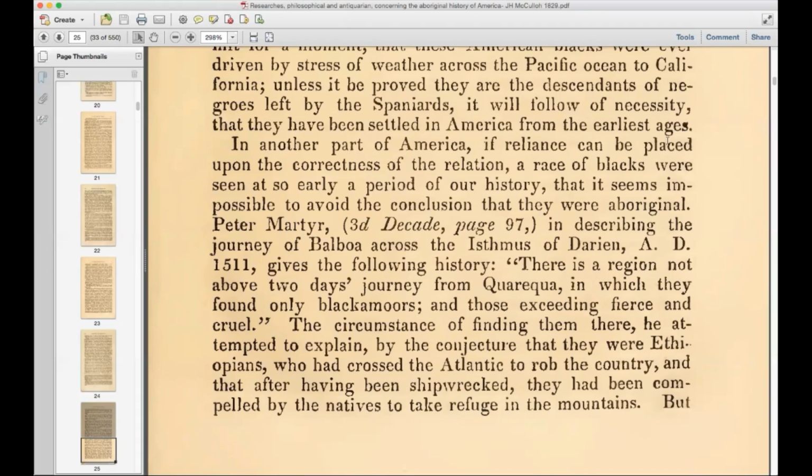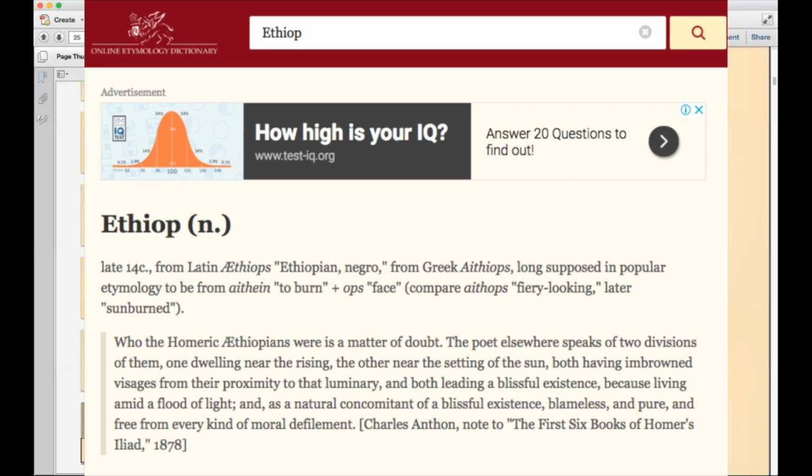There is a region not above 2 days' journey from Quarequa, in which they found only blackamoors, and those exceeding fierce and cruel. The circumstance of finding them there, he attempted to explain by the conjecture that they were Ethiopians who had crossed the Atlantic to rob the country, and that after having been shipwrecked, they had been compelled by the natives to take refuge in the mountains.